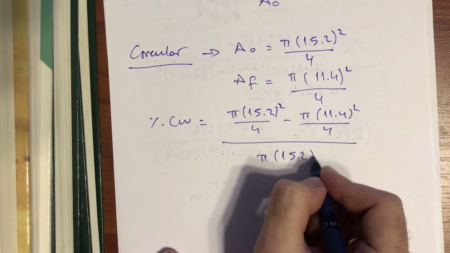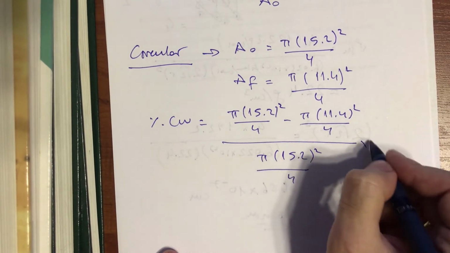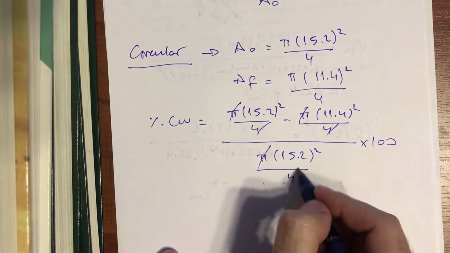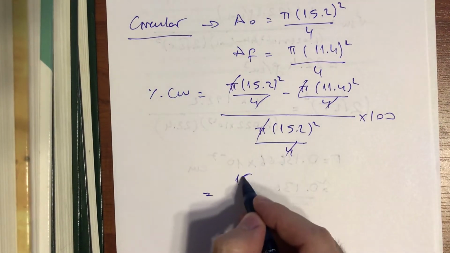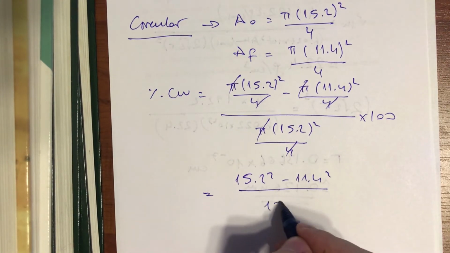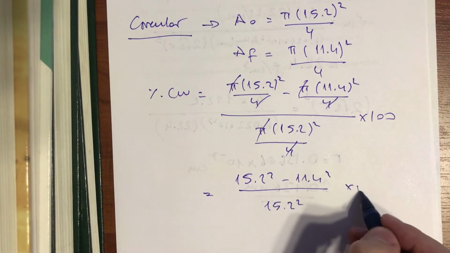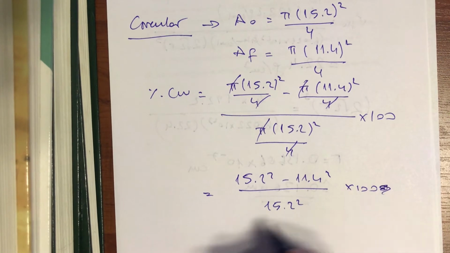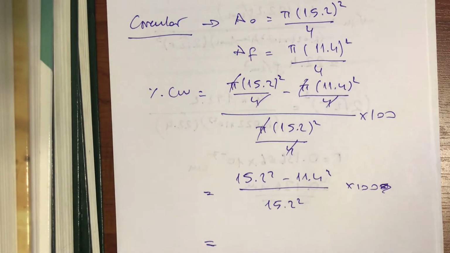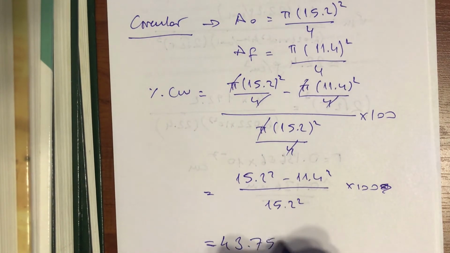When you substitute these expressions, you will see that pi over 4's cancel out. So 15.2 squared minus 11.4 squared divided by 15.2 squared times 100. That's going to be your cold work for the circular specimen. That turns out to be, I think, 43.75%.